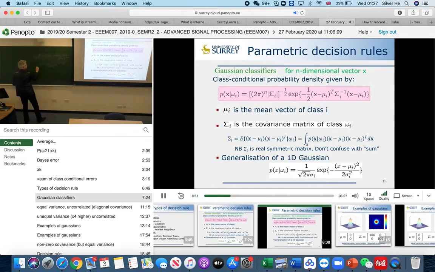The two-dimensional or multi-dimensional version: we've got the probability of x given omega i, and this time x is a vector.